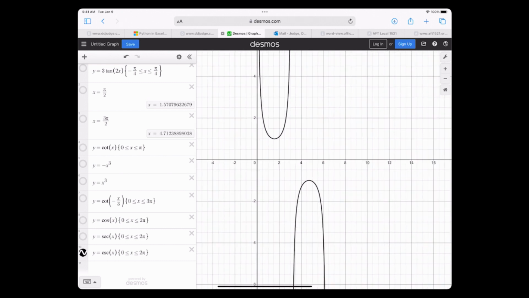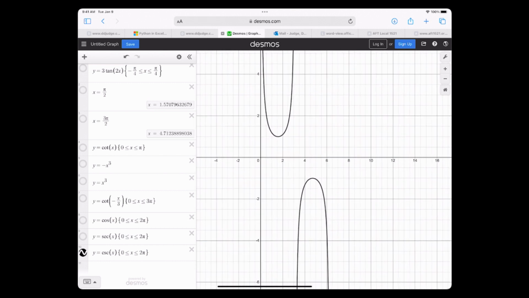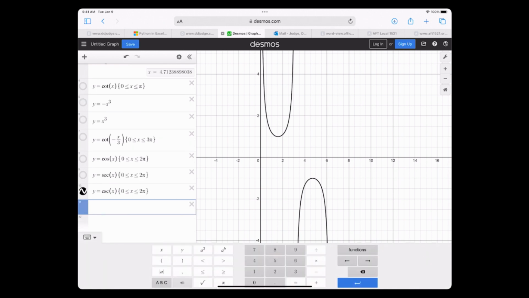You say, Mr. Judge, where in the world does this come from? How is that the graph of cosecant? Well, didn't we say graph sine?